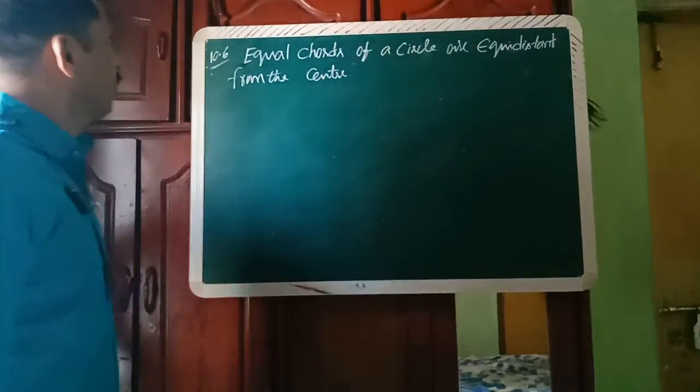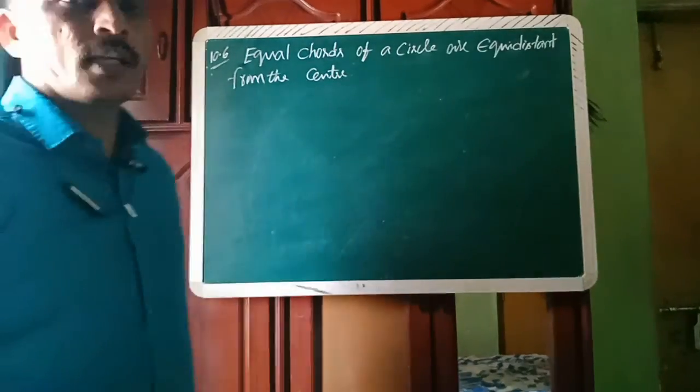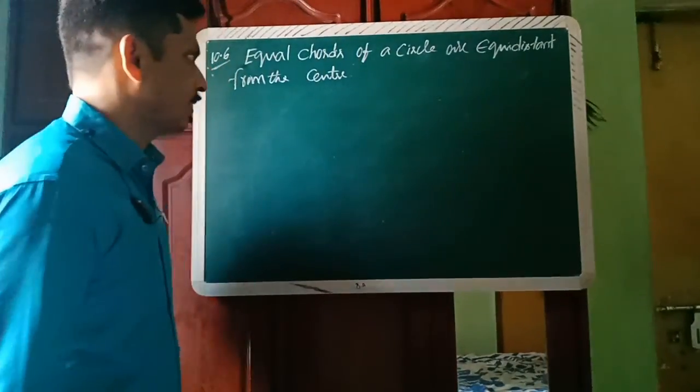It's a statement, 10.6 theorem: equal chords of a circle are equidistant from the center.